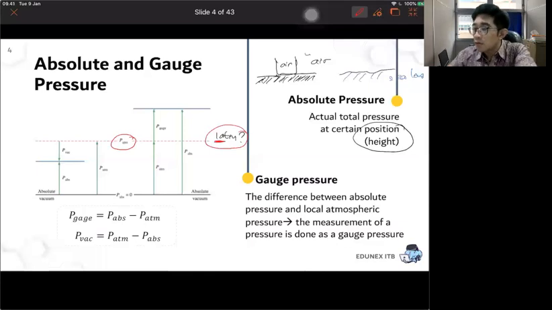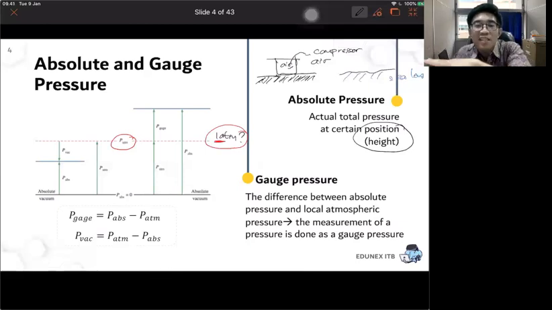Okay, now the second problem is you close the tank and then you compress the air inside the tank by using a compressor. A compressor is the device, later we will discuss in detail, to increase the pressure of the gas. If you use a compressor to increase the pressure of the air, the tank must already be closed.